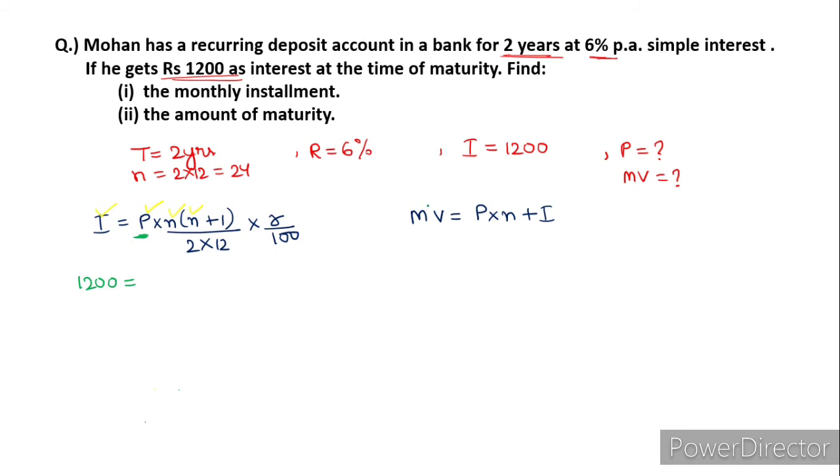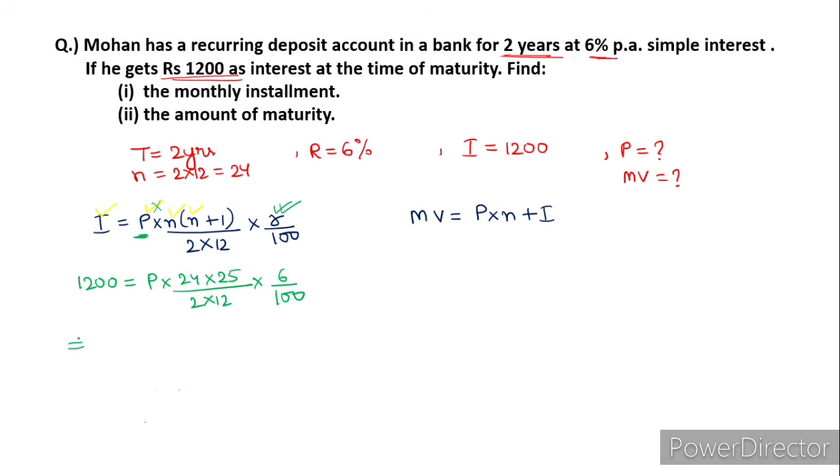Maturity value. Is this given? No. P is not given. N is not given. Rate is given here, sorry. Here P was not given, rate was given. So find out P. N is 24 into 24 plus 1 is 25 by 2 into 12. Rate is 6% by 100.